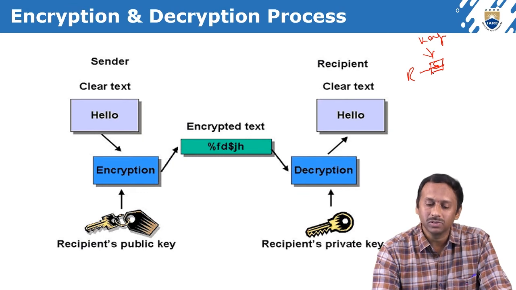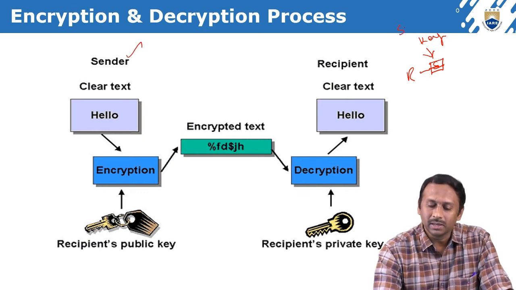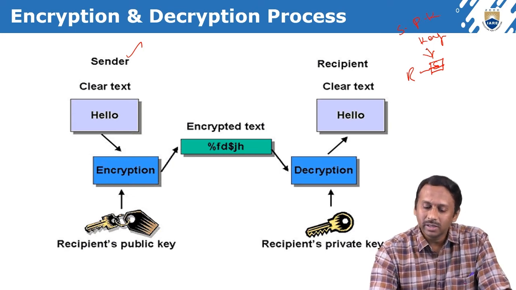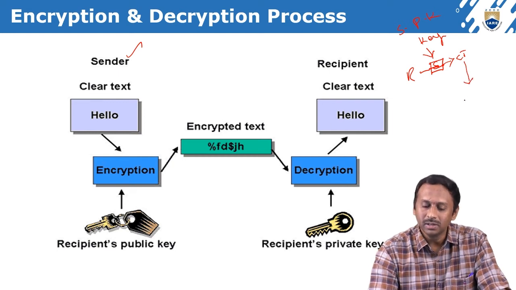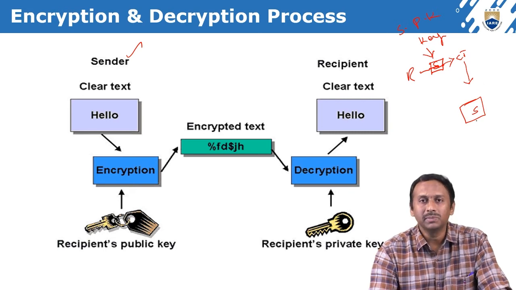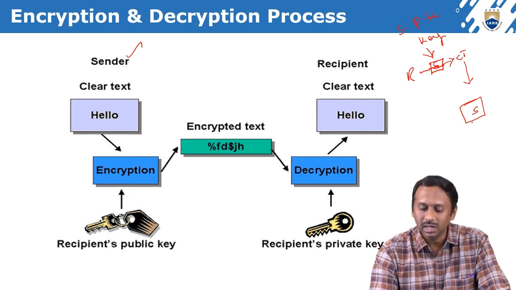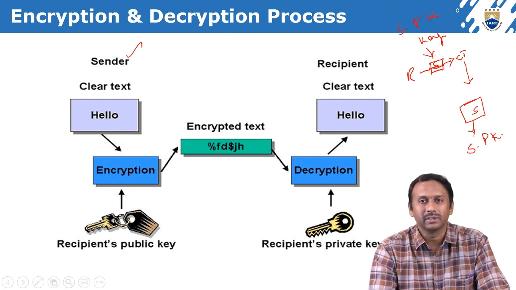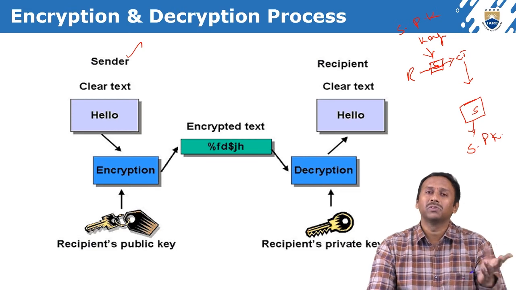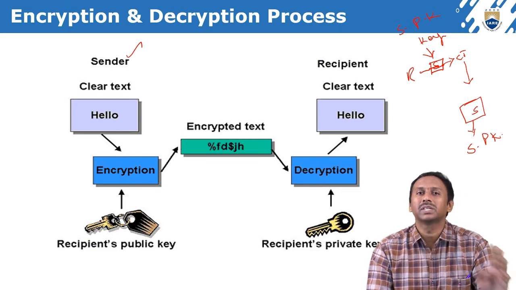The recipient is using the sender's public key. With the help of the sender's public key, they are going to encrypt it. After encryption, they get a ciphertext, and this ciphertext is transmitted to the sender. The sender is going to decrypt this ciphertext with the help of the sender's private key. Clear? Like this, we can perform the encryption and decryption operation for secure communication.